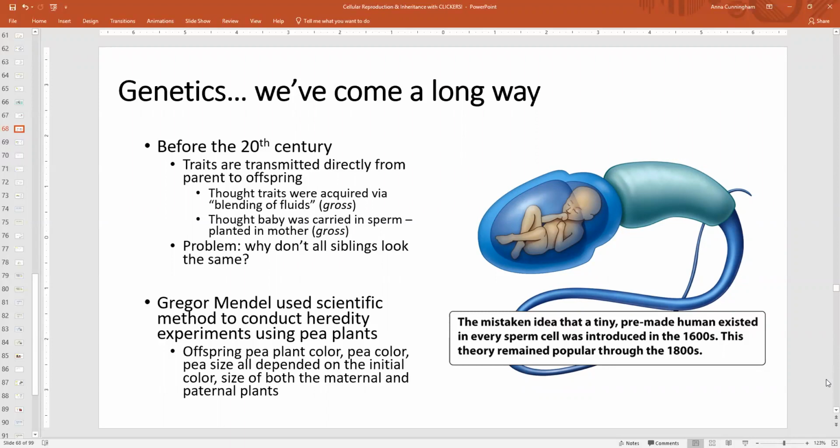I think it's important to emphasize why those experiments were so important. And a way to do that is to try to explain, like, before Mendel came along, what we actually thought, or how we actually thought stuff was inherited. So this was all before the 20th century.